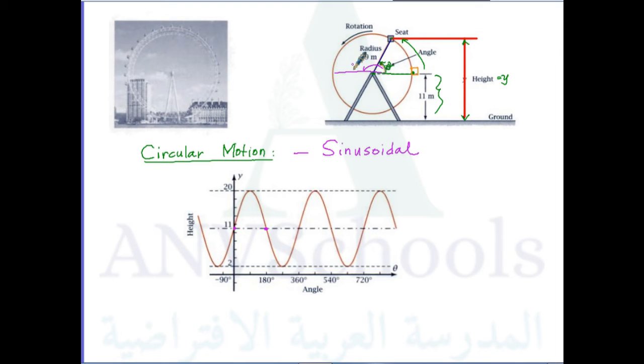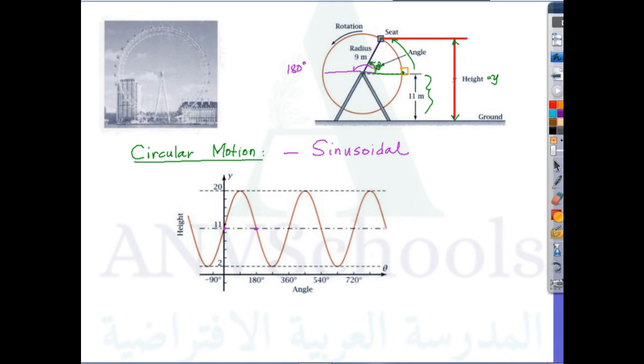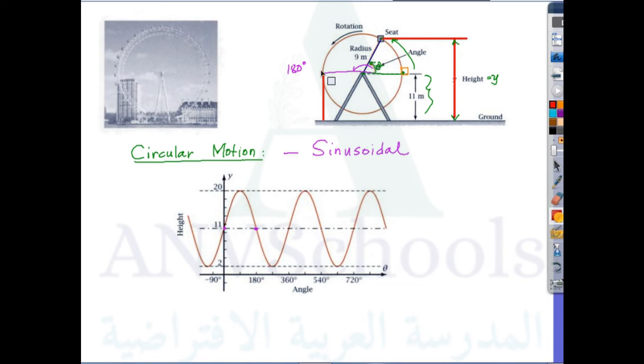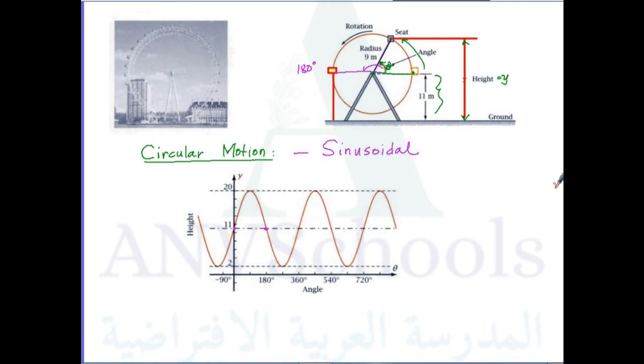This is 180 degrees. Am I correct? So at 180 degrees, notice that you still have the same height from this position here. Am I correct? So from there, your seat is at 11 meters from the ground also. Right? So that's your position at 180 degrees.